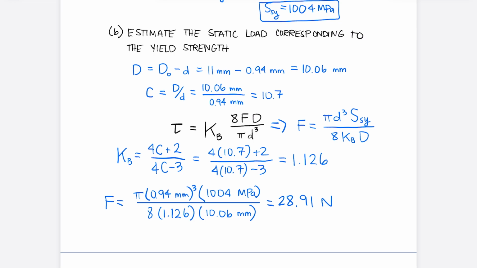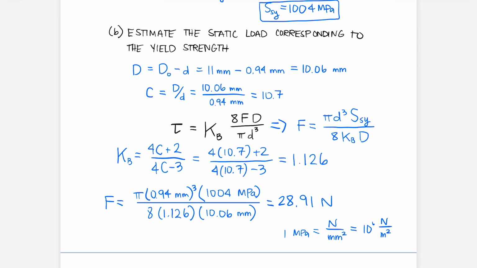Okay, and remember that the reason I was able to leave the megapascals and millimeters is because 1 megapascal is equal to a Newton per millimeter squared, right? Because 1,000 millimeters makes up 1 meter, so this is equal to 10 to the 6 newtons per meter squared, or 10 to the 6 pascals.